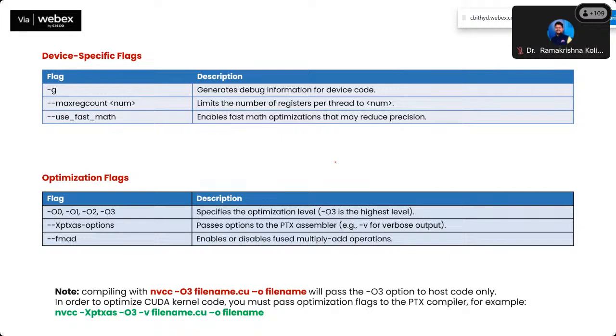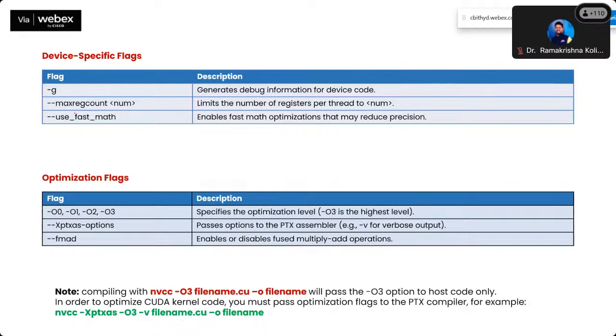I will show you. While compiling the program, we have to pass some flags. One of the flags is -G. This basically generates the information for the device code. Whenever you pass this -G flag, it will give you the debug information for your code.